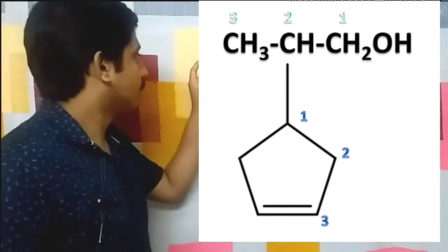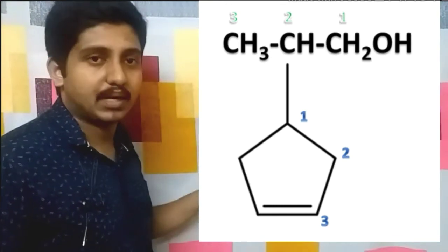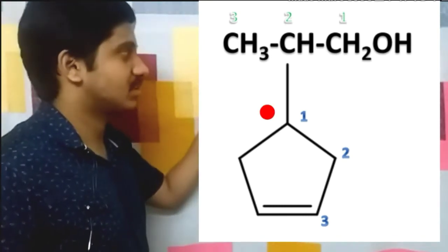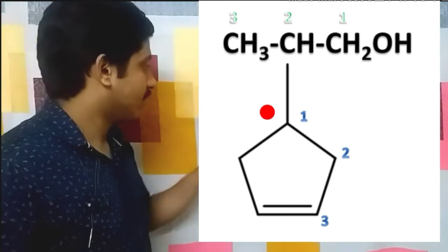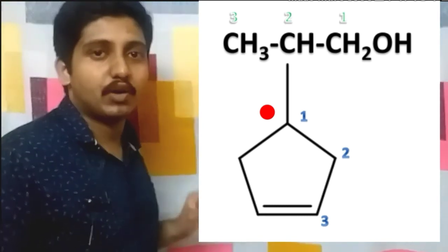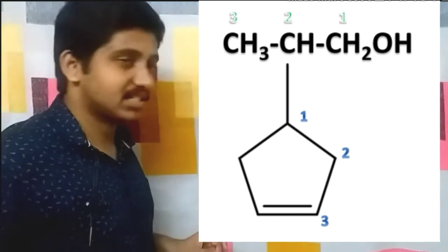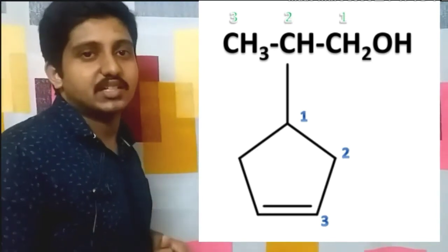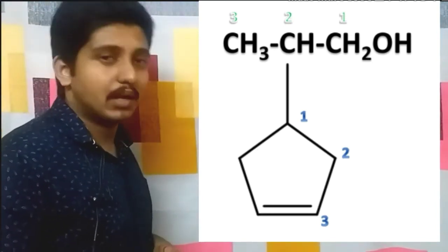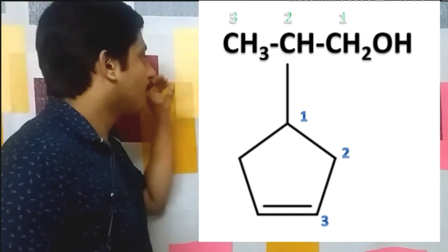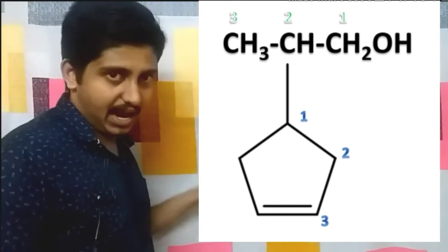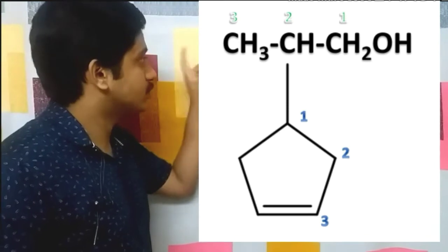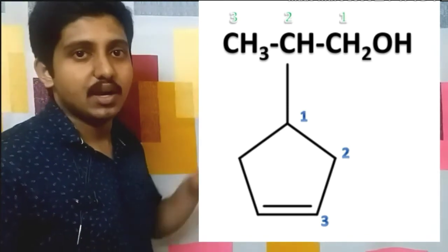So we have to choose the lowest possible number with respect to this carbon 1. Then the number of the double bonded carbon will be 3. That is the lowest possible number, and hence the correct numbering and naming will be cyclopent-3-enyl, attached to the 3rd carbon of the parent chain.